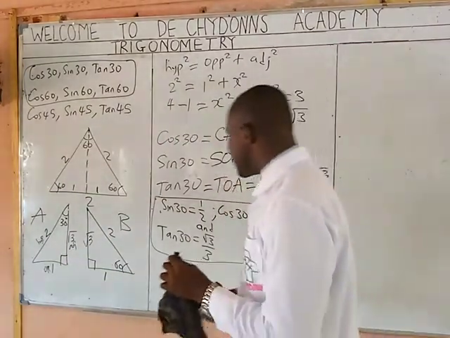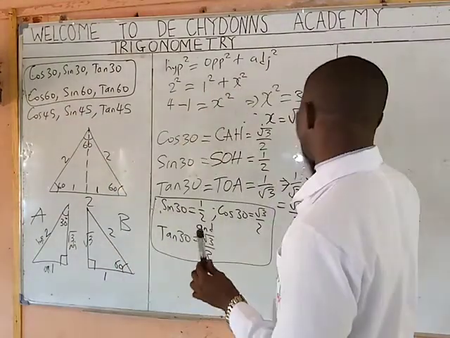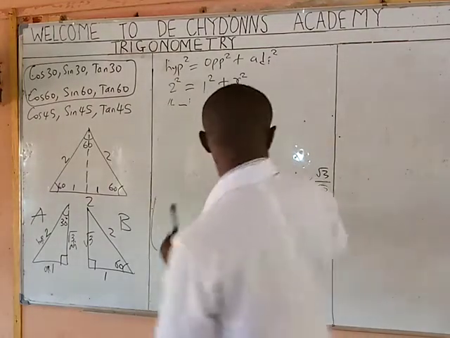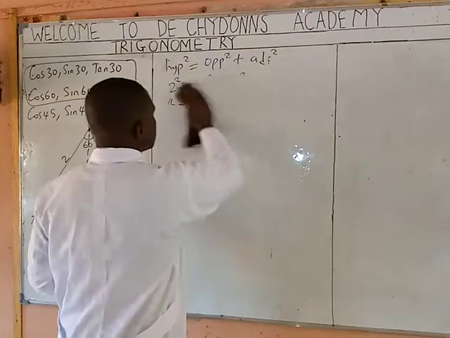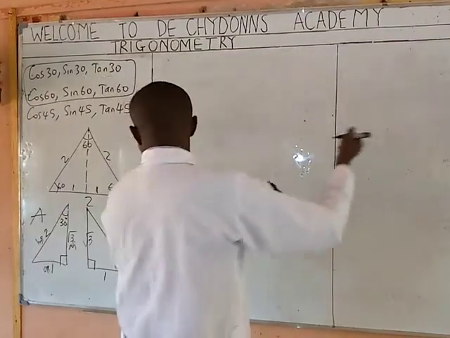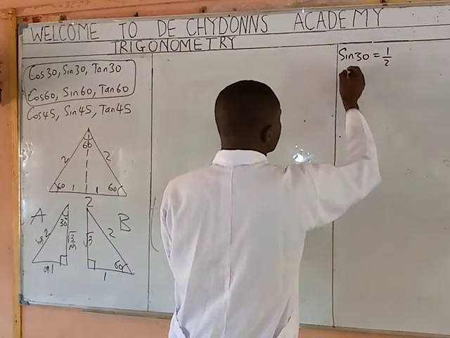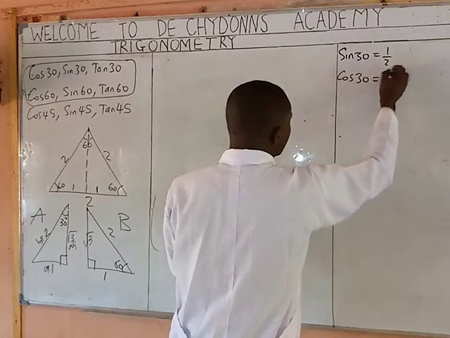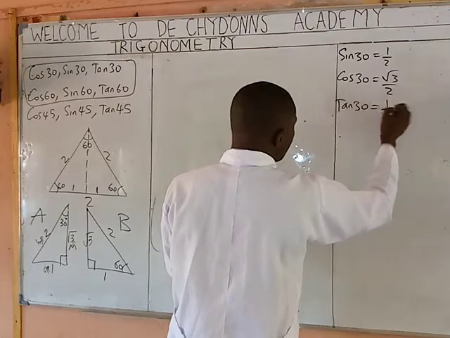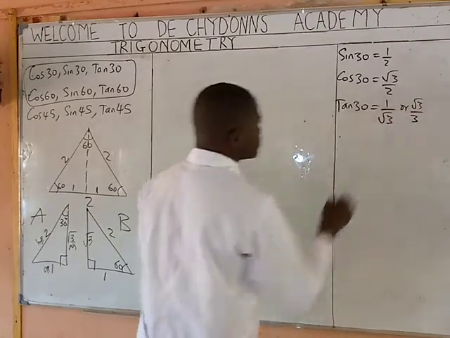Then after getting this, we now get the ones for cos 60 and sin 60. So we write what we got here: sin 30 equals 1 over 2, cos 30 equals root 3 over 2, tan 30 equals 1 over root 3, or root 3 over 3.